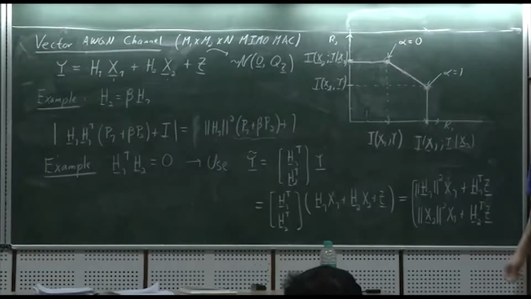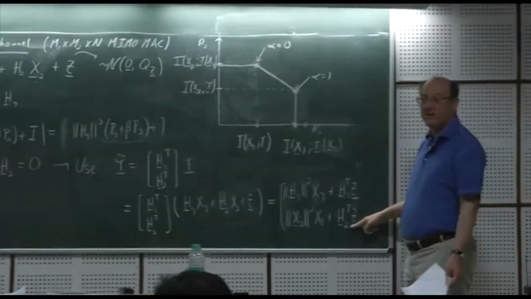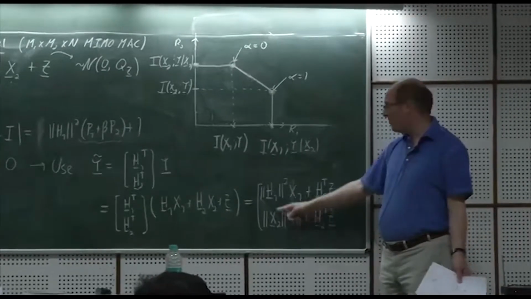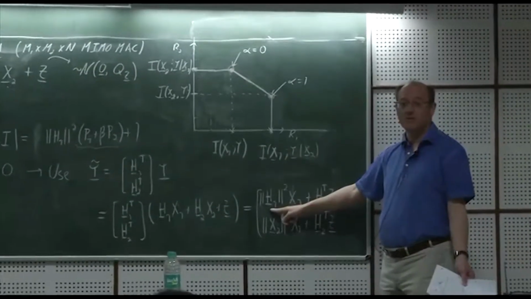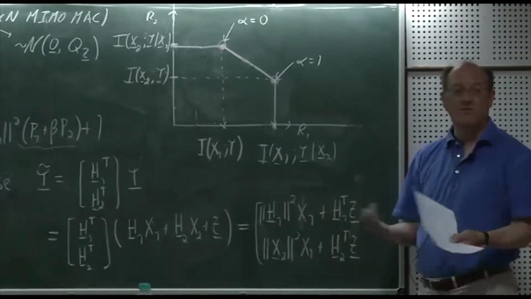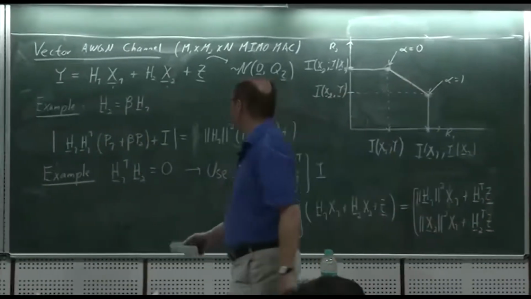Okay, so we've effectively now, and moreover these two here are orthogonal, H1 transpose and H2 transpose, so these two noise numbers are independent, uncorrelated, and hence independent. So we have two parallel channels, both with the full beamforming, right? So that's nice. So what is the rate? It's just going to be the sum of the rates of the two without any interference. So that's a very different situation, of course.